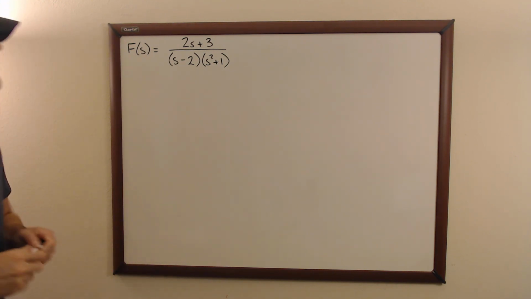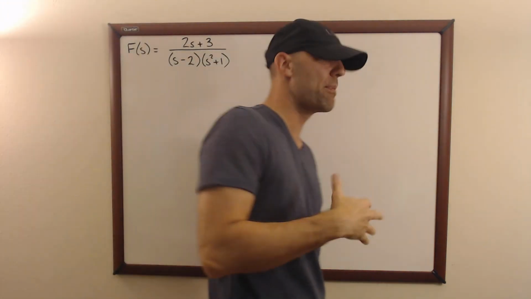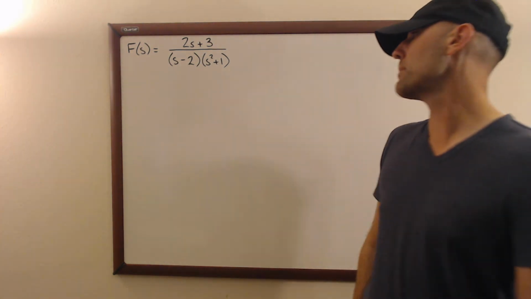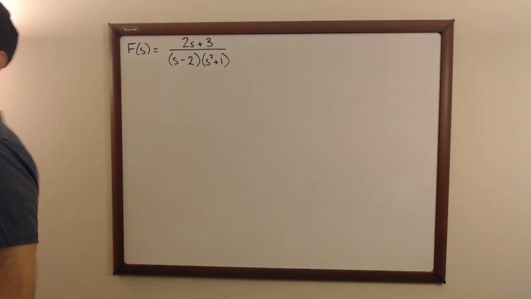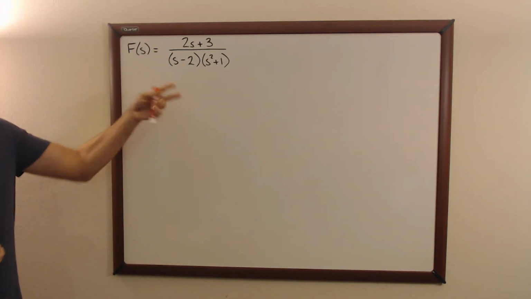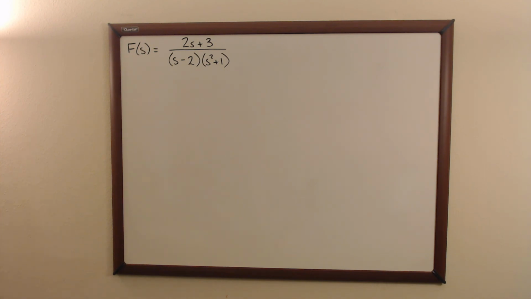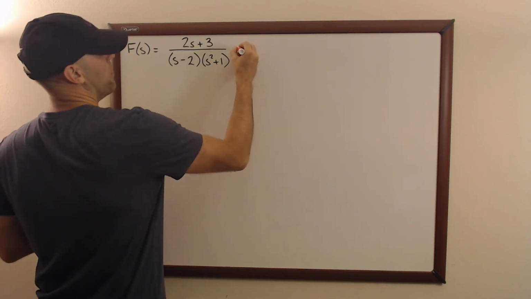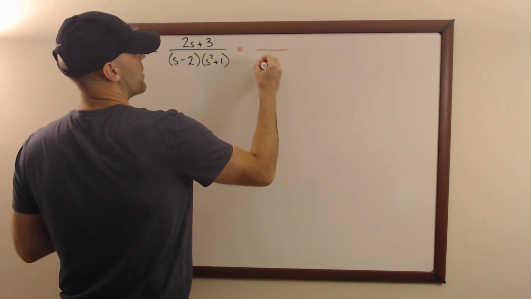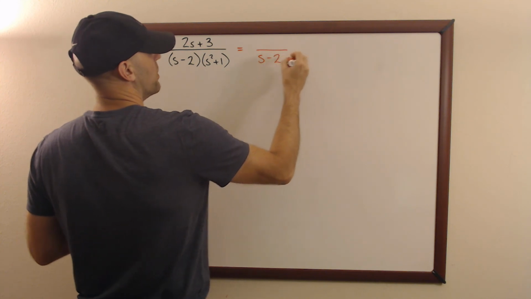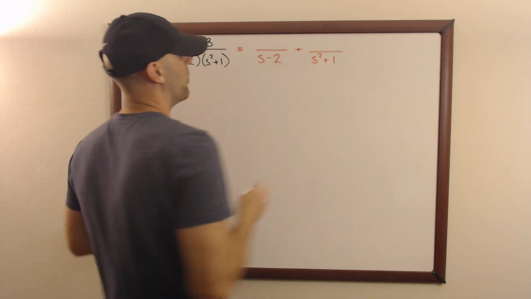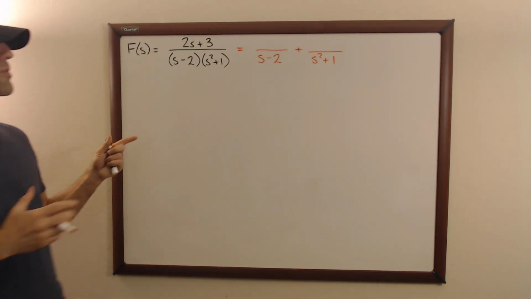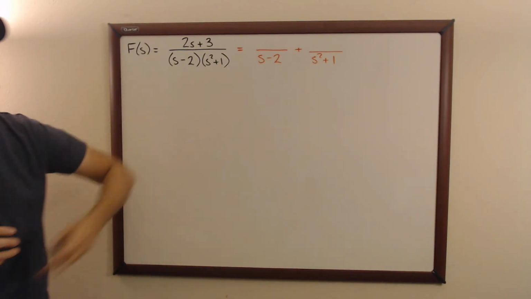And this is a problem, right? Because if the denominator was s minus 2, we would know how to handle this. If the denominator was s squared plus 1, we would know how to handle it. And the problem is, it's neither of those things. They're combined. Well, it would be really nice if this thing was written as something over s minus 2 plus something else over s squared plus 1. And now we see where the partial fraction decomposition comes in, right? That's exactly what I want to do here.